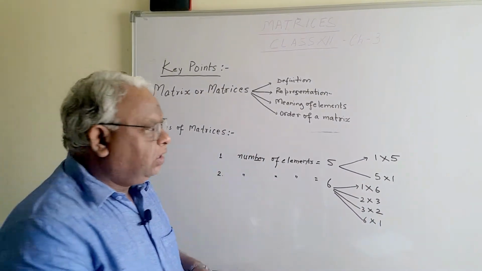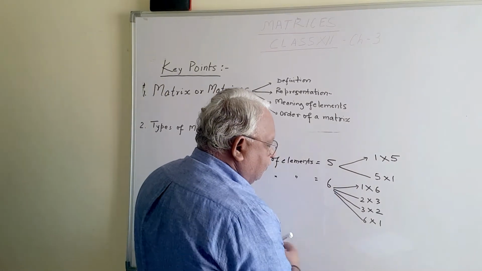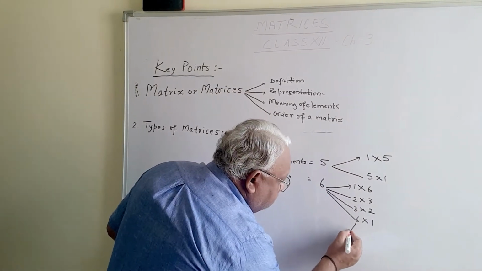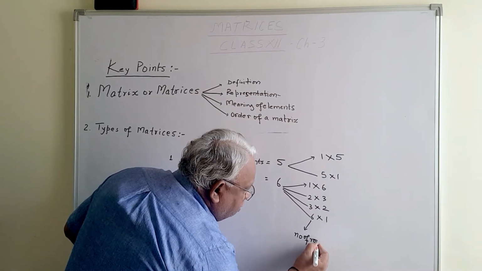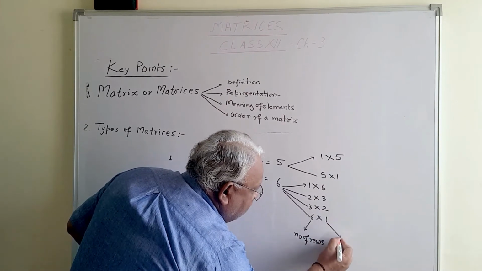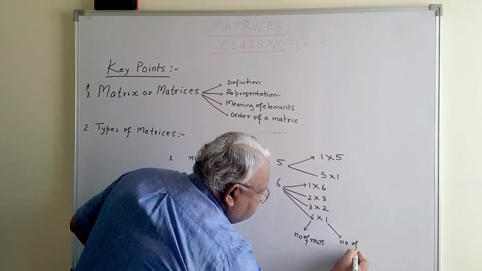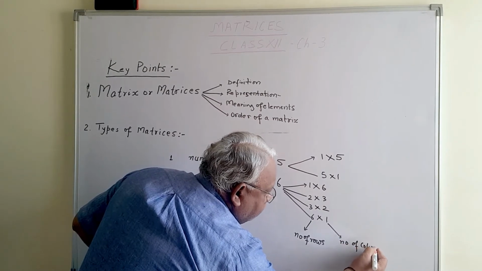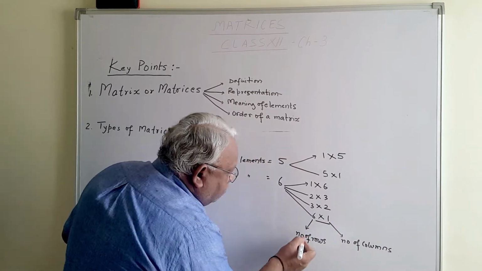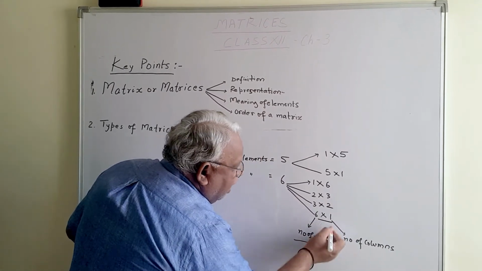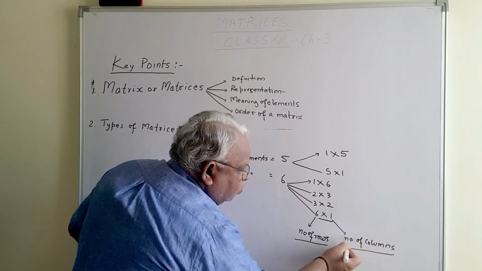As I told you, this represents the number of rows and this represents the number of columns. So in this case, number of rows is 6 and number of columns is 1.